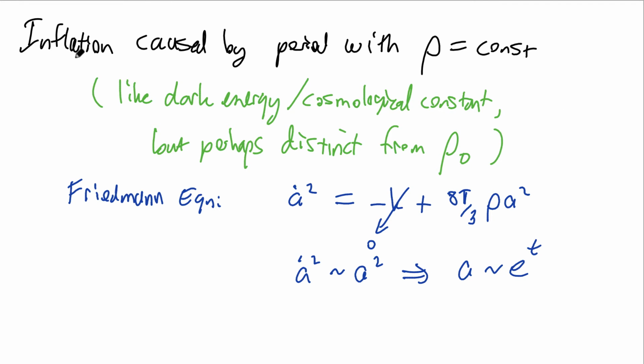So during this period of inflation with a constant energy density, the scale factor grows exponentially. Now, how does this solve the flatness problem?